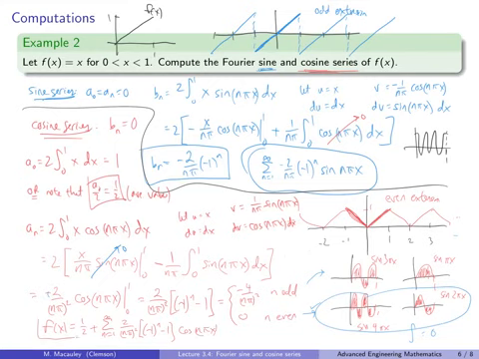So this is the Fourier cosine series. Compare that to the Fourier sine series. The Fourier sine series is the ordinary Fourier series of this sawtooth wave, the odd extension, and the Fourier cosine series is the ordinary Fourier series of this triangle wave, the even extension, and that is this guy.